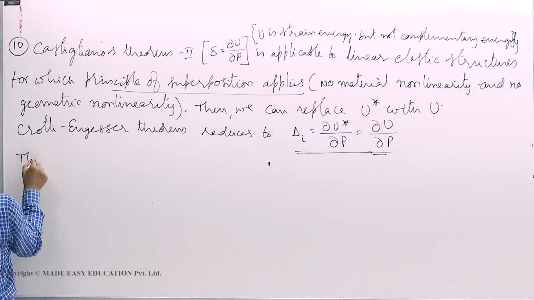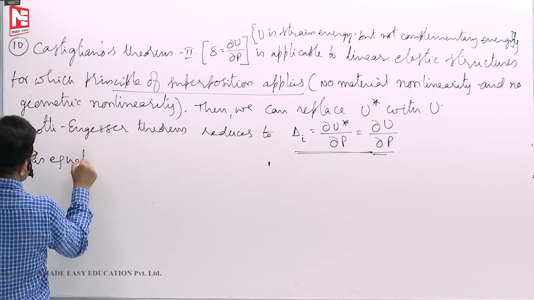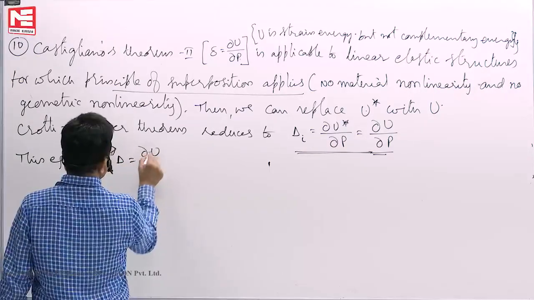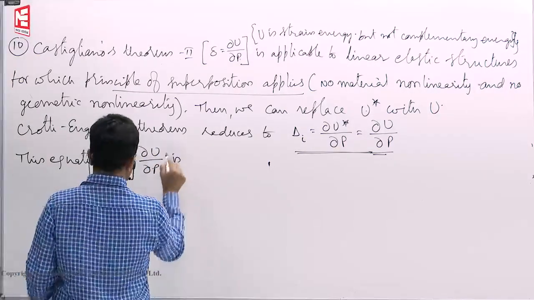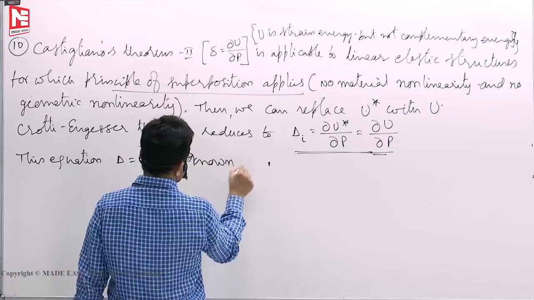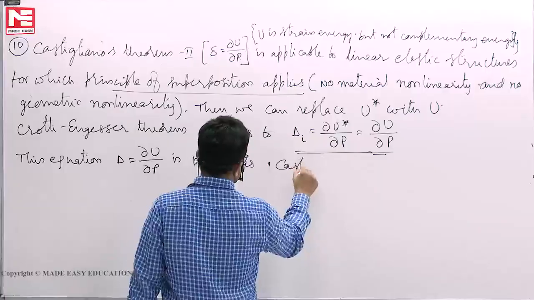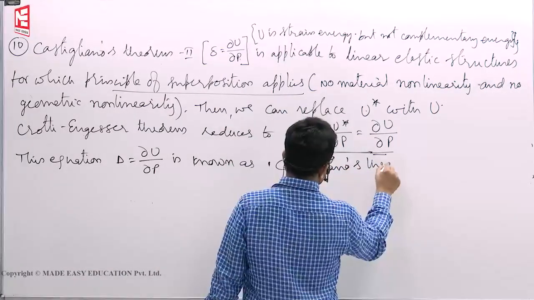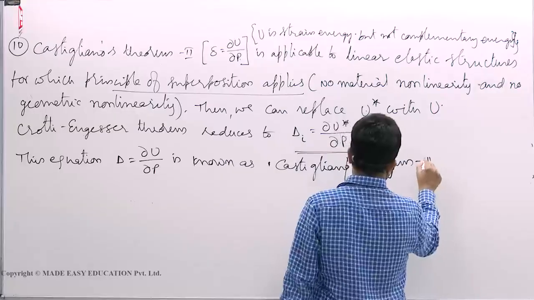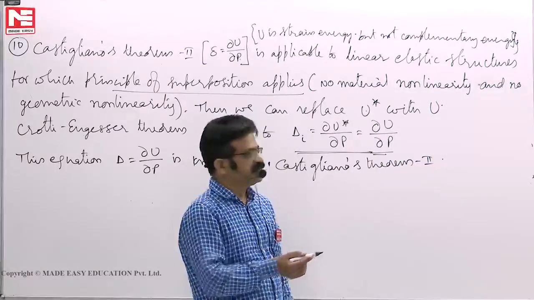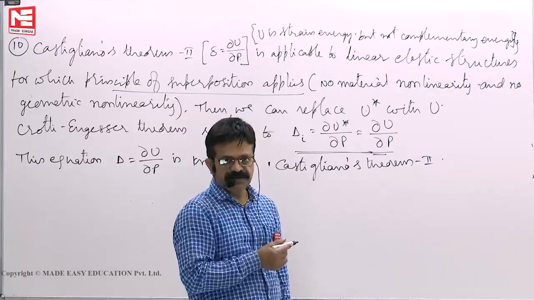This equation, delta is equal to dou U by dou P, is known as Castigliano's theorem 2. That means a particular case of Crotty-Engelser theorem is Castigliano's theorem 2.